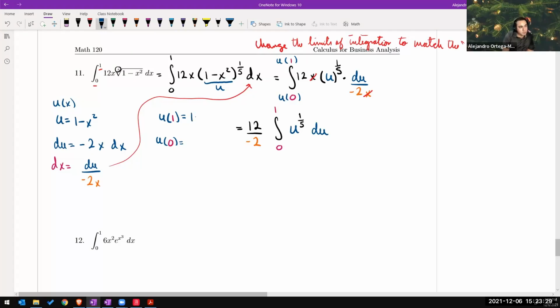It's going to be 1 minus 1 squared. So that's 0. And the u at 0 is going to be 1 minus 0 squared.